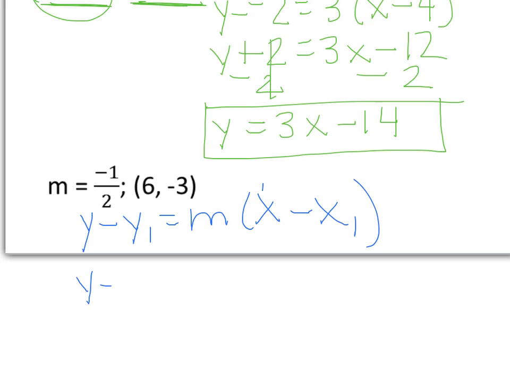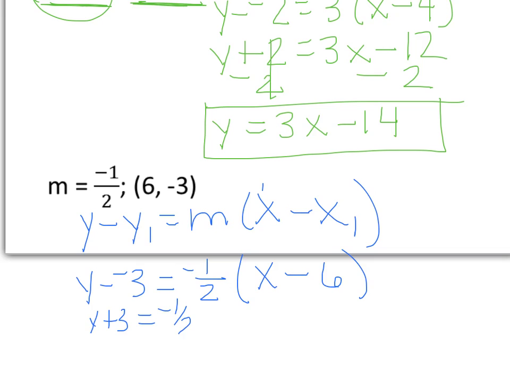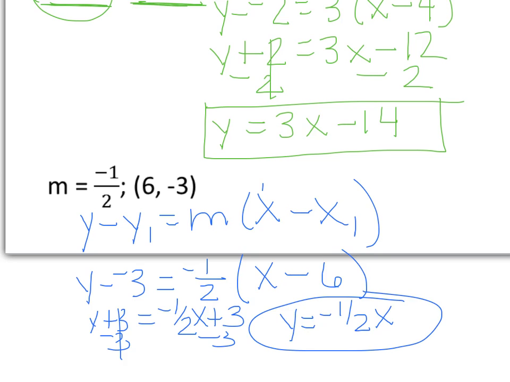So y minus -3 equals -1/2 times x minus 6. Y plus 3 is equal to -1/2 x plus 3, and then subtract 3 from both sides, and I end up with y equals -1/2 x plus 0, or just y equals -1/2 x.